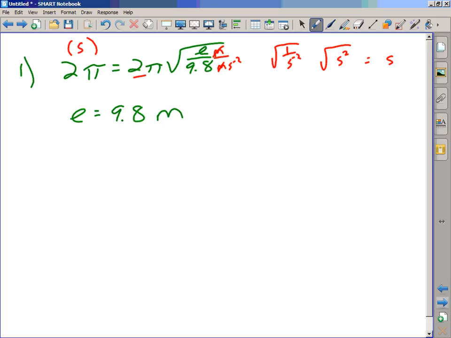By the way, would you want the string to be really, really long or really, really short to make this angle small? Longer. Think about it, right? Imagine the extreme, a pendulum that has a string that starts at the top of the Empire State Building and comes all the way down to the streets of New York.